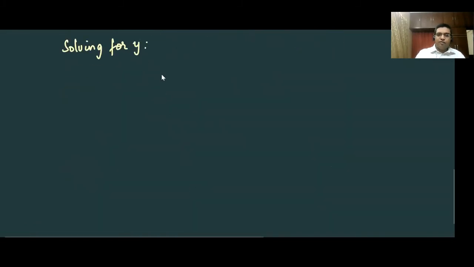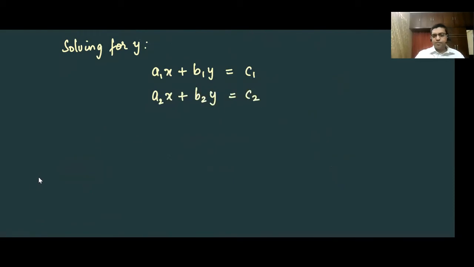So similarly, solving for y. For solving for y, what do we do? a1x plus b1y equal to c1, a2x plus b2y equal to c2. Now, in order to solve this, solving for y, we have to eliminate x. So how do we eliminate x?